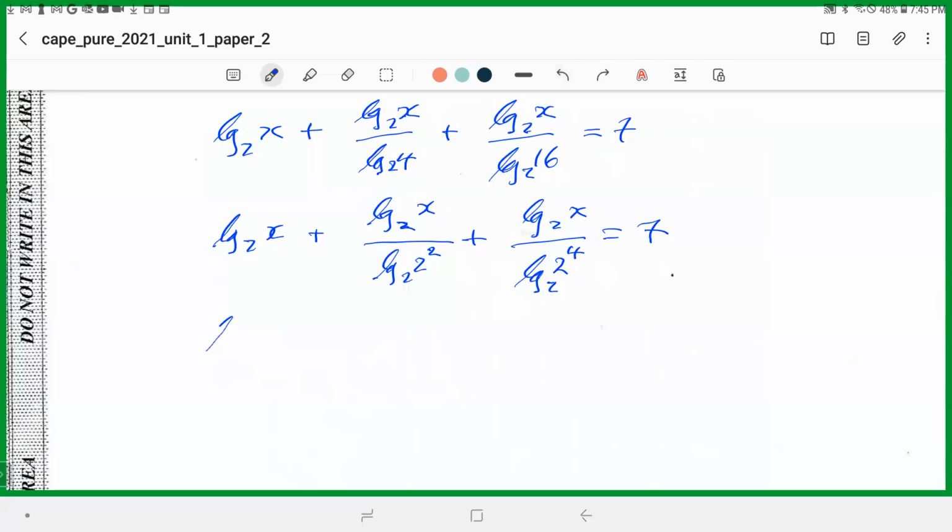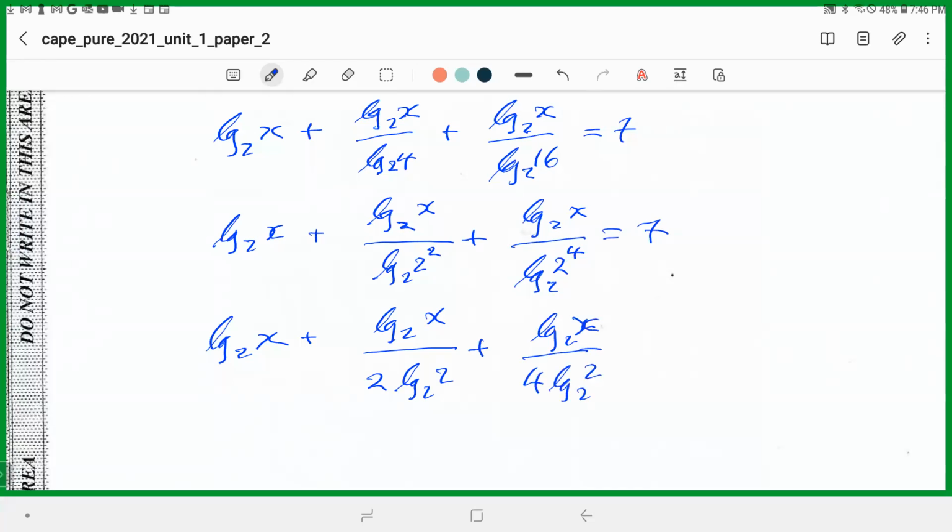So I'm going to write log to base 2 of x, which is what this is, plus log to base 2 of x over 2 times log to base 2 of 2. I bring it to the front, that's why I get that 2 there. And then this 4, I'm going to bring it to the front as well, using that law. I get plus log to base 2 of x over 4 times log to base 2 of 2 equals 7.